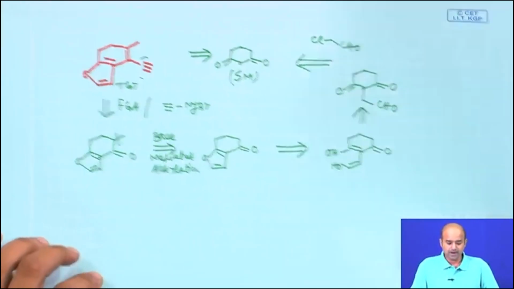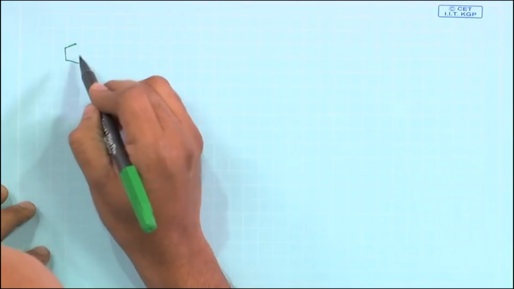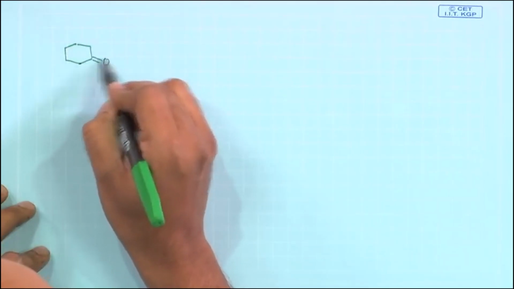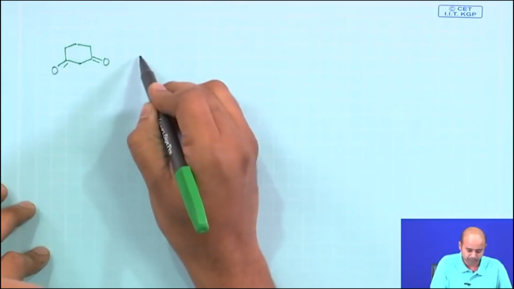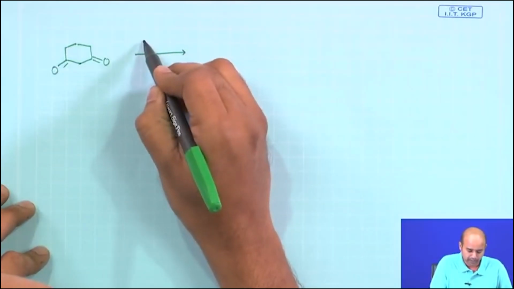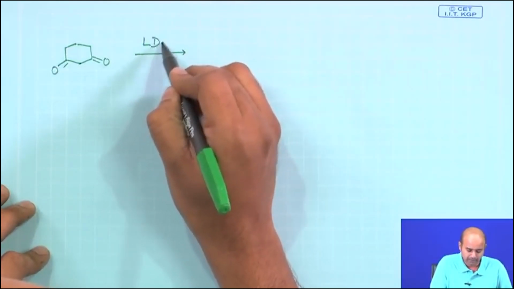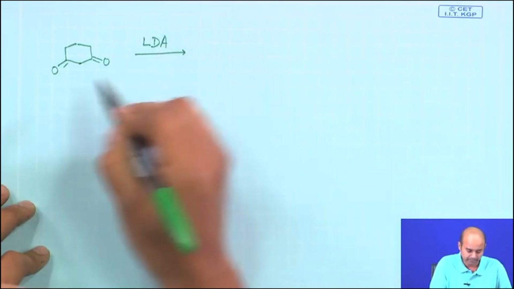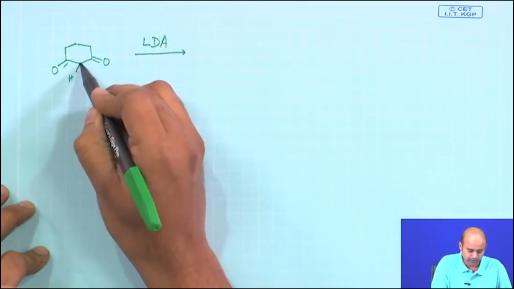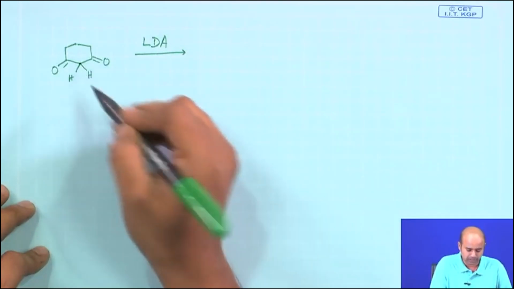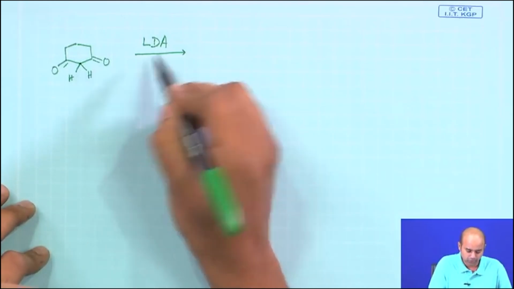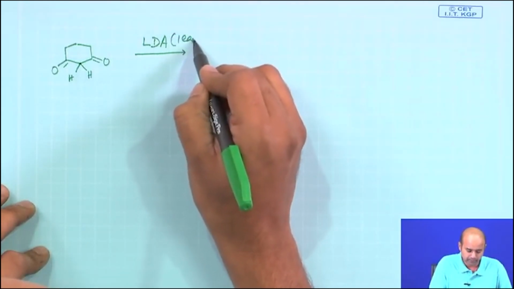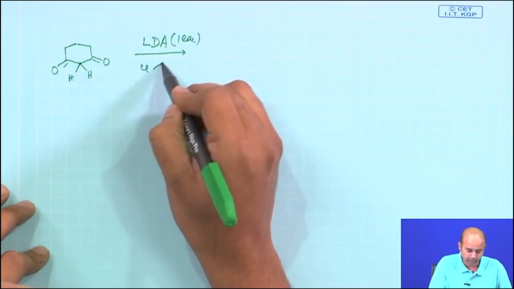So, go back to the synthesis in a forward pathway. Initially we start with the starting material given to you, a cyclohexane 1,3-dione. You do a base mediated alkylation with LDA. This is the most abstractable acidic hydrogen, one equivalent of LDA, and then you react with chloroacetaldehyde.